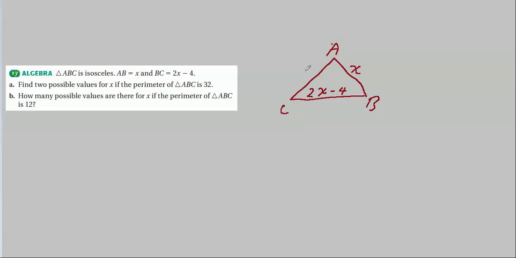We don't know anything about this, do we? Now they told us that it's isosceles. So it's either these two sides are equal, or these two, or these two. Could these two be equal? Well, when would x equal 2x minus 4?